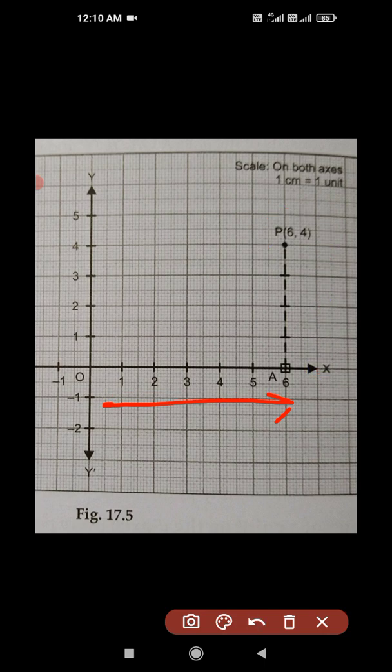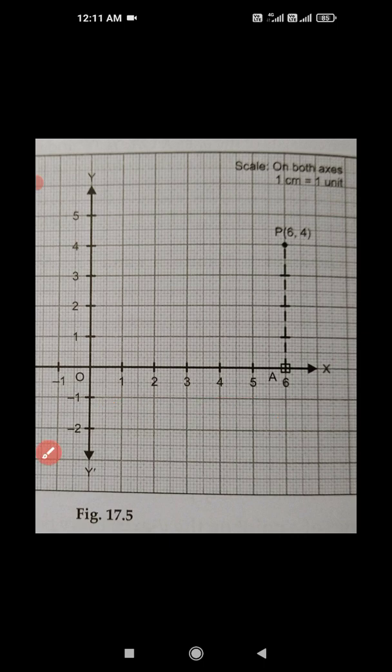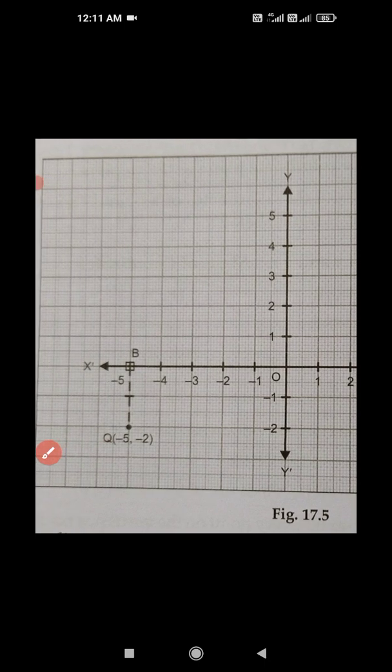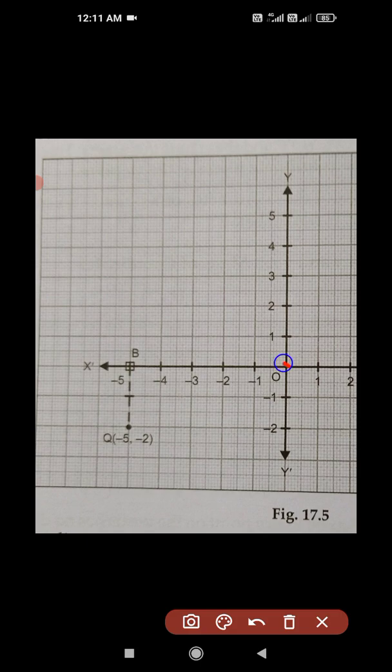If they are negative, then we will be doing it here. Suppose Q is (-5, -2). So how to find this one? We will follow the same steps. First of all, we find x, 5 steps on this side. So this is x, and then 2 steps downward as it is minus.